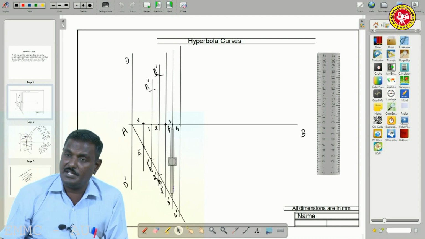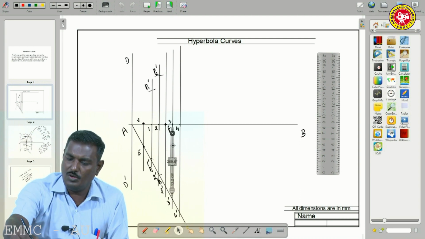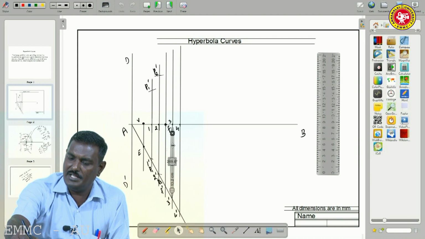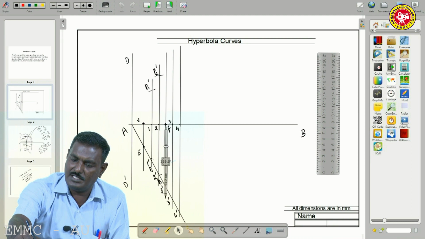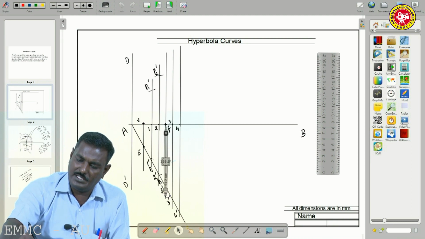Measure 3 dash as radius with F as center. Then change the position: now F is the center.